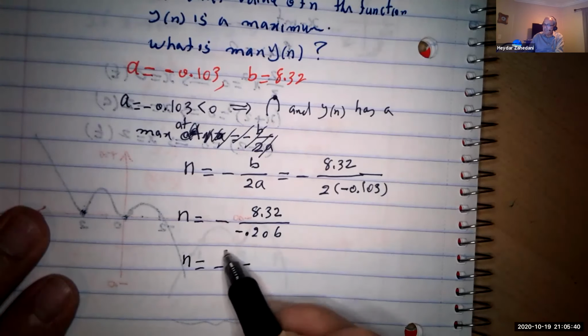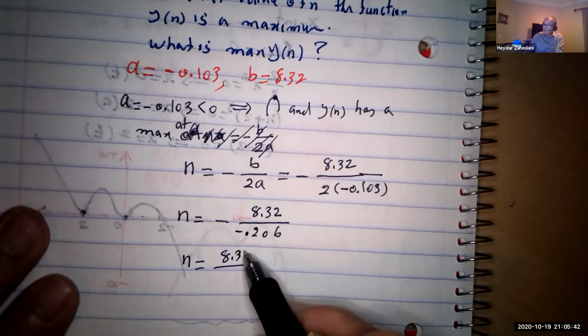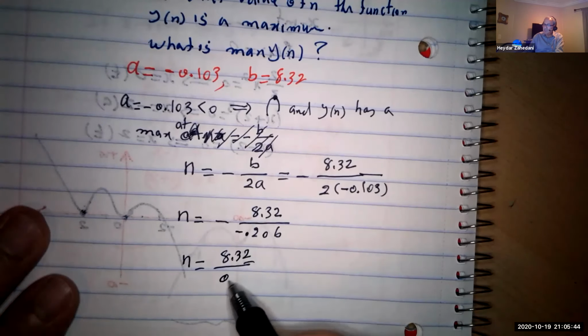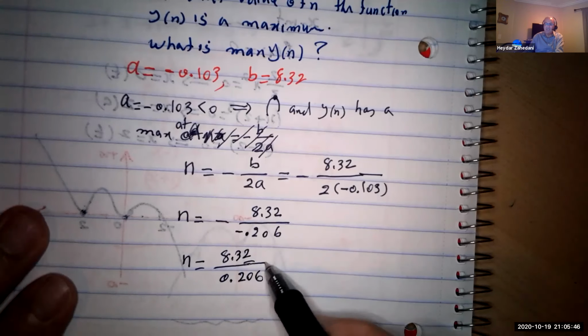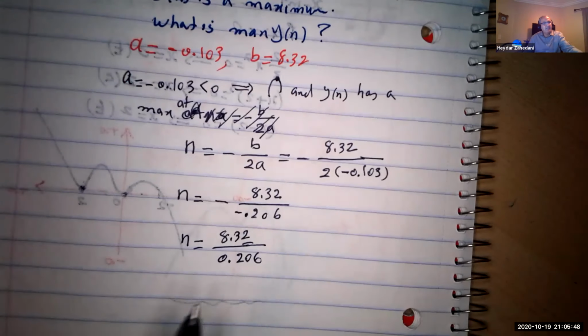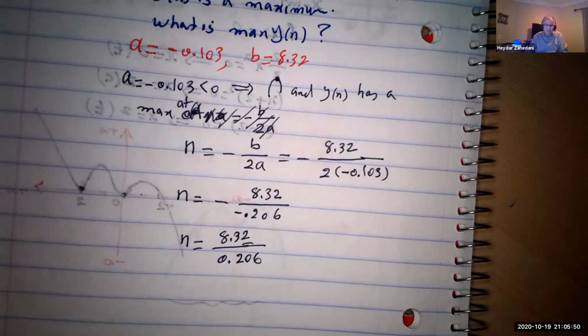So n would be 8.32 divided by 0.206. Okay, this is a number of the whatever it is. It cannot be negative. Okay, so where is the calculator? I have the solution of this one in full, but I want to check the calculator to get it.